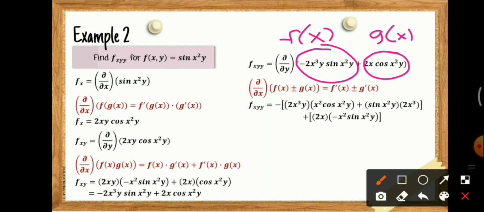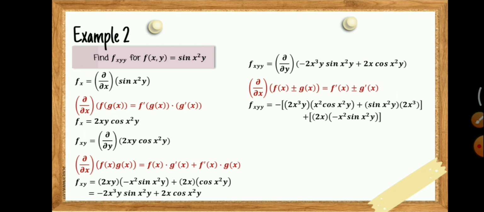So we need to find the derivative of the first and second function as to the formula of the sum rule. In using the product rule, we have this, and then the same, using the product rule, we have this.